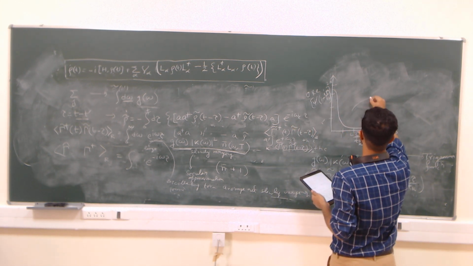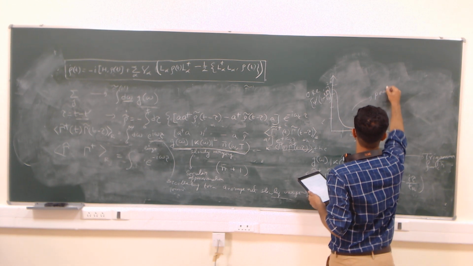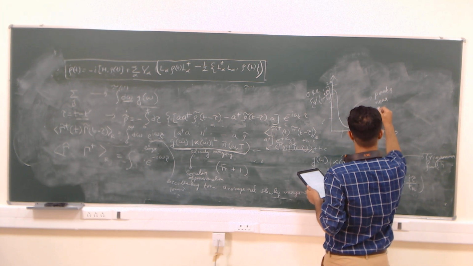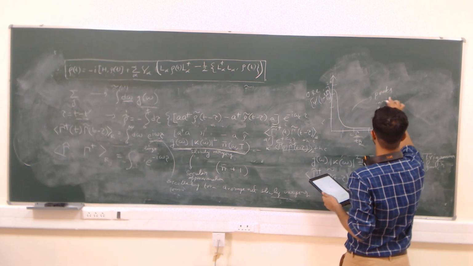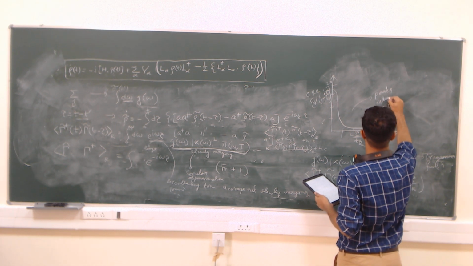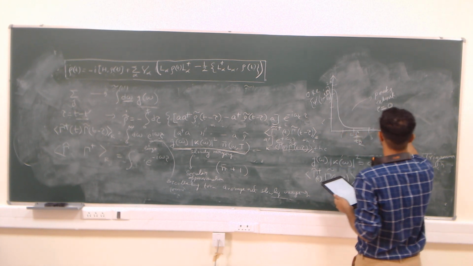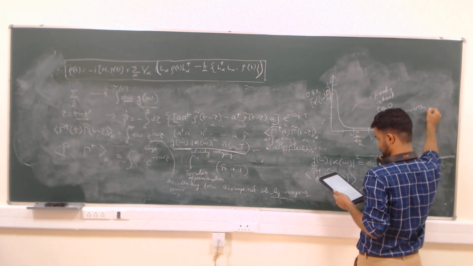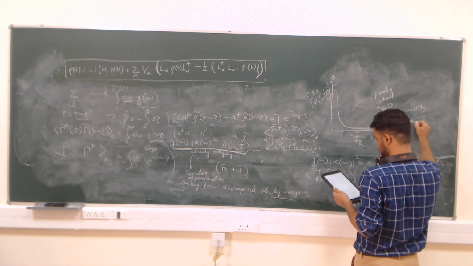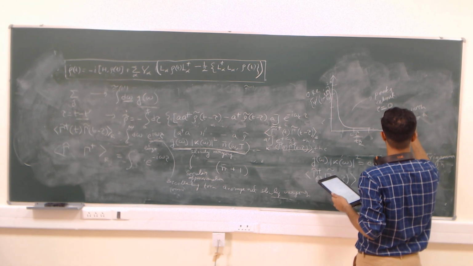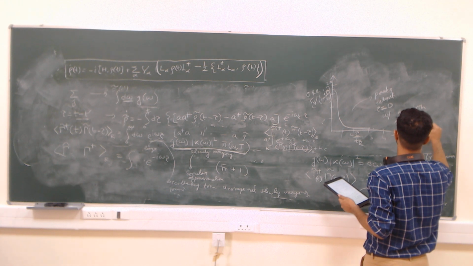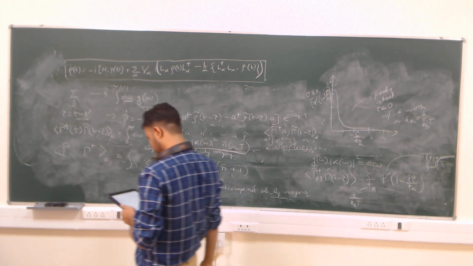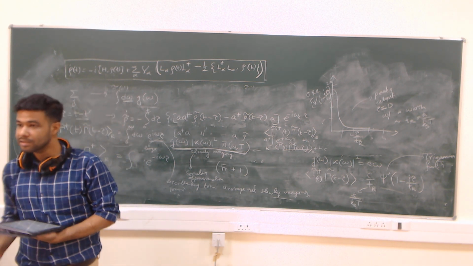This function peaks near tau equals 0 with a width of the order of tau_B. How are we getting this?